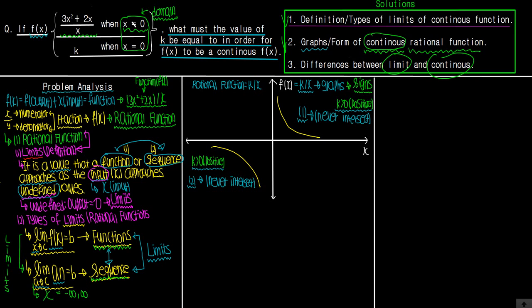So now let's think about the cases where our k value is less than 0, which is the negative value. It will look something like this.